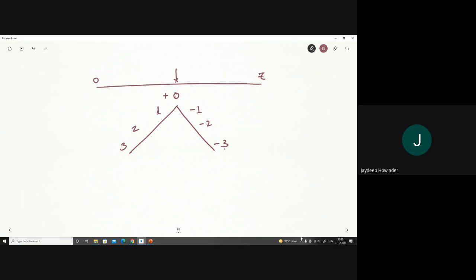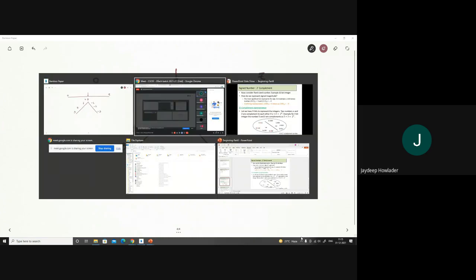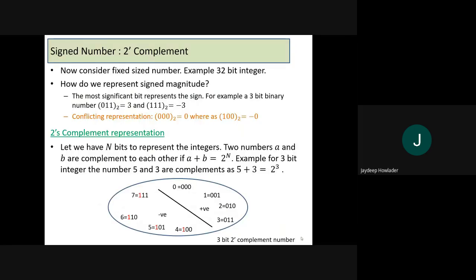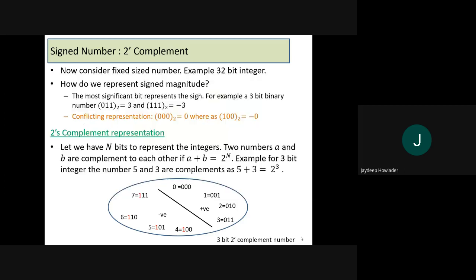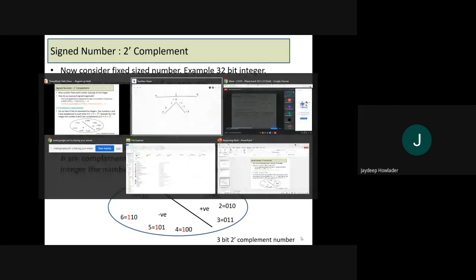The next representation is called the 2's complement. Rather than calling it 2's complement right away, let me try to understand what we mean by complement.